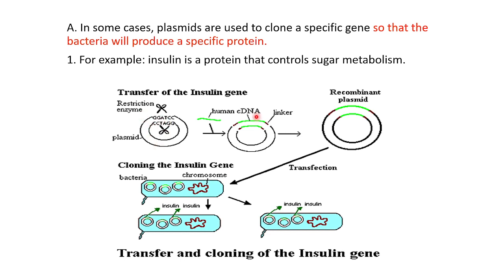This plasmid is cut and then you insert the human cDNA into it via different kinds of linkers. Via an enzymatic reaction you get your recombinant plasmid, and then you do transfection of this recombinant plasmid into the bacteria, and then you get your insulin gene inside your bacteria, and then you can express it and get the insulin protein.